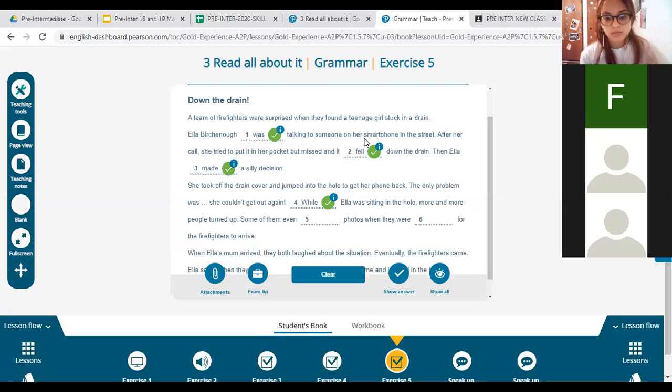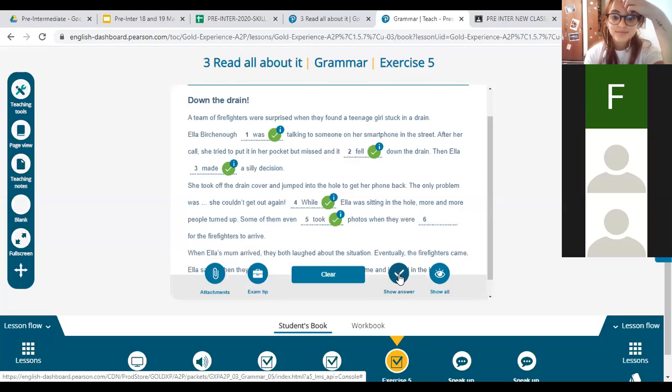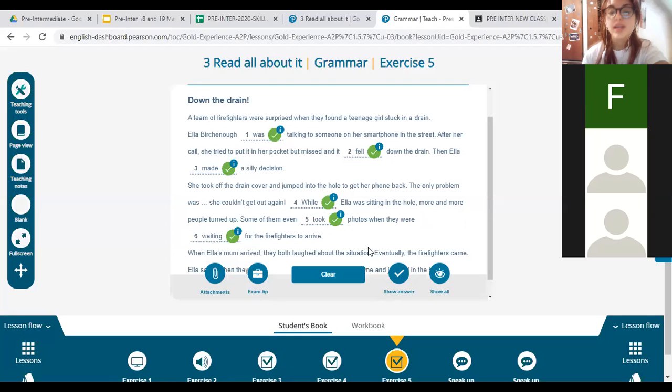Some of them took photos when they were ringing for the firefighters to arrive. Good. In this case, you said took photos. That's correct. You take a photo, and we use the past simple because this is a completed past action.